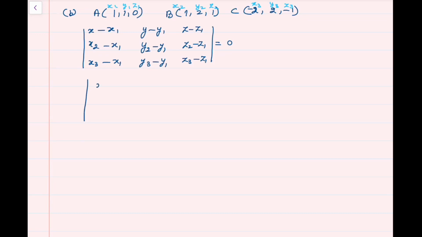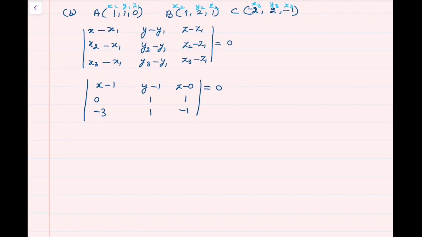Let us substitute. X minus 1, y minus 1, z minus 0; second point minus first point: 0, 1 and 1; C minus A: minus 2 minus 1 is minus 3, 2 minus 1 is 1, and minus 1, equal to 0.